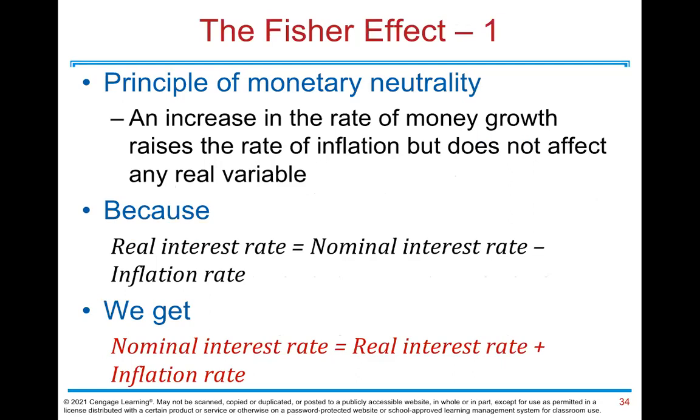And we use the Fisher equation to say that, first of all, I like to use this one because, by the way, this red equation is just a rearrangement of this right-hand side. But if you look at this left-hand side, what this is saying is that your nominal interest rate is going to equal your real interest rate plus the inflation rate.